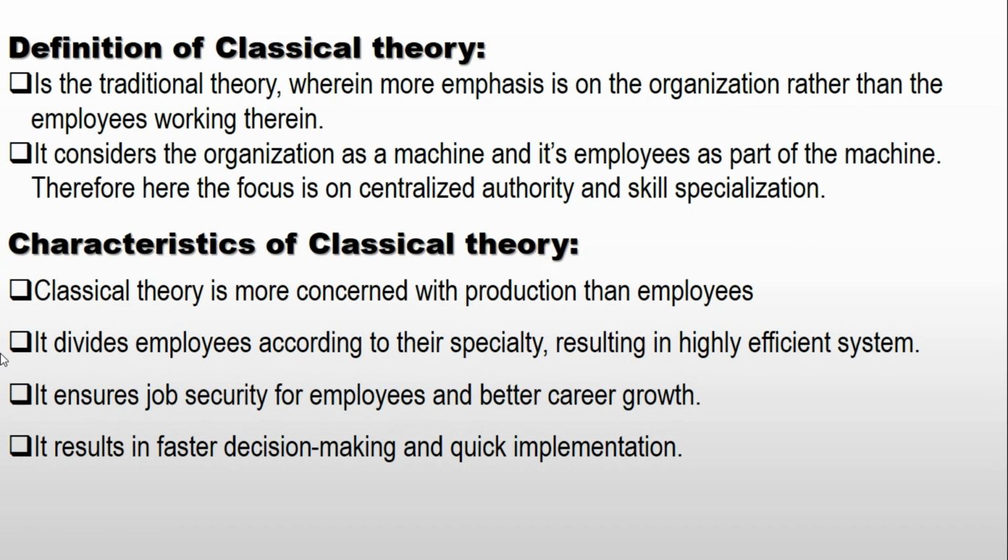Job security means that every employee needs to have that sense of knowing that his or her job is safe from any occupational injuries and diseases. It also ensures better career growth, and lastly it results in faster decision making and quick implementation.